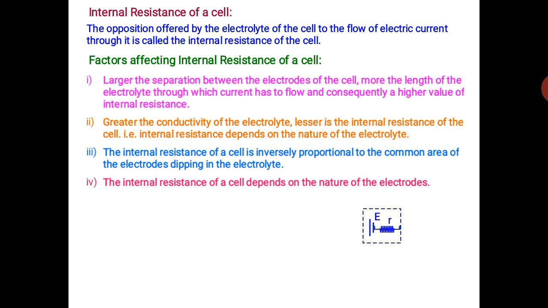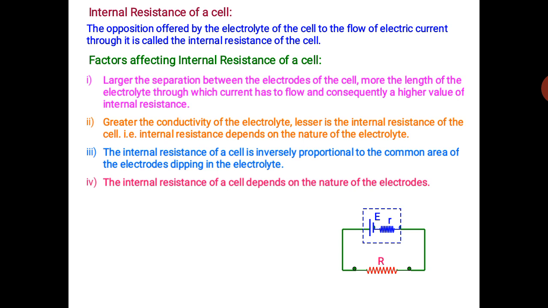See, usually the cell is represented by two important factors. One is EMF and another one is internal resistance. So in this dotted rectangle, two parallel lines and one resistance are shown. That one is the symbol of the cell. Here small r is the internal resistance and capital E is the EMF.